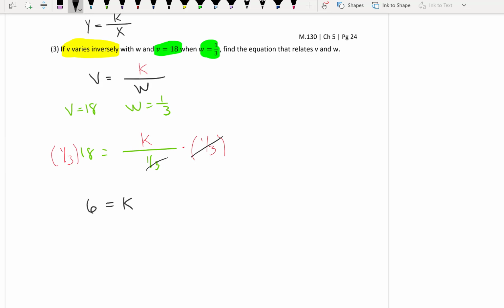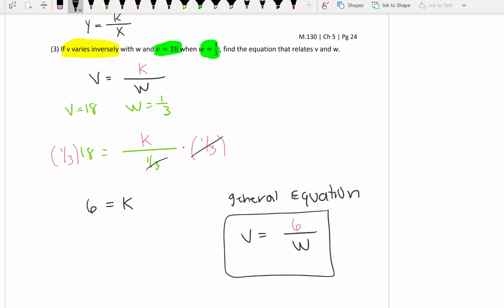So now my general equation, I have that v is equal to my 6 divided by my w. Okay. So here they're really just asking us for a part A. They did not ask us to find a part B. So I found the general equation.